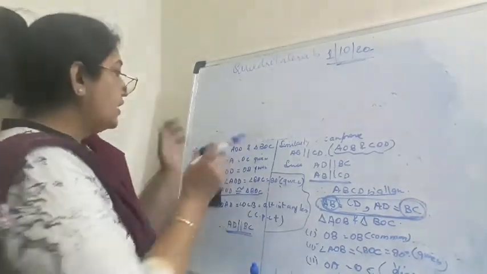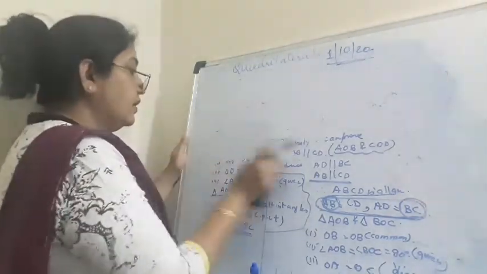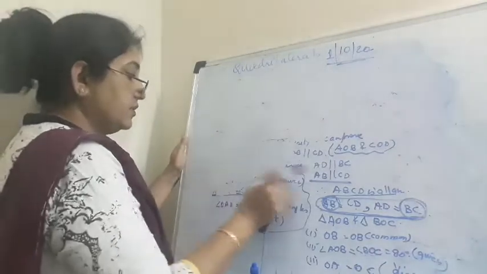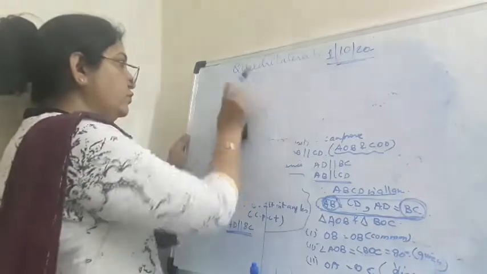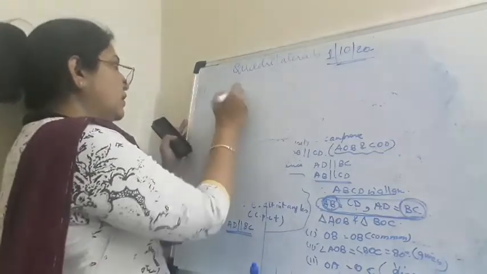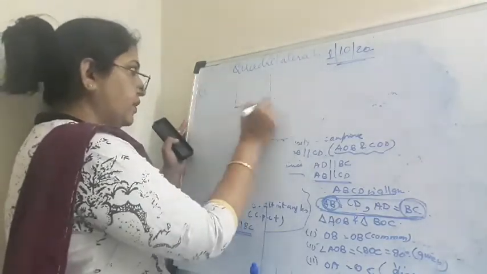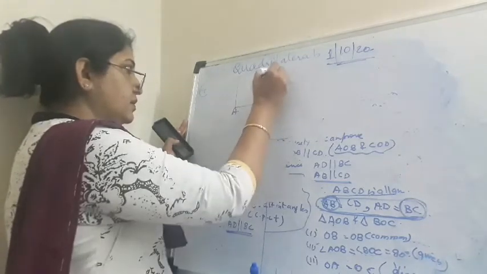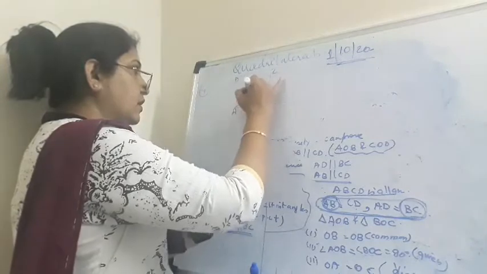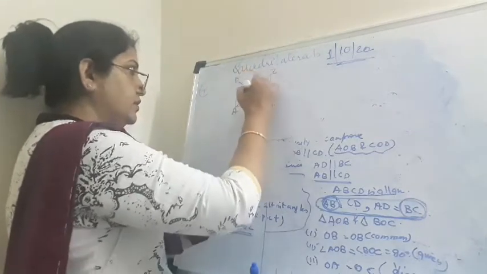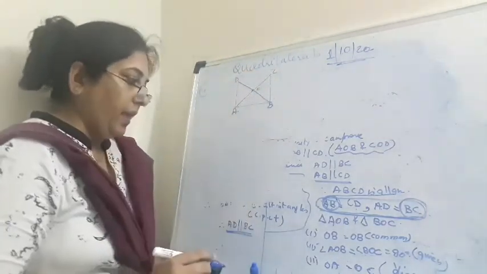So you have to show that in a square the diagonals are equal and they bisect each other at right angles. Okay, so therefore I have to draw a figure, fourth one, a square ABCD. Draw this, and this is O.